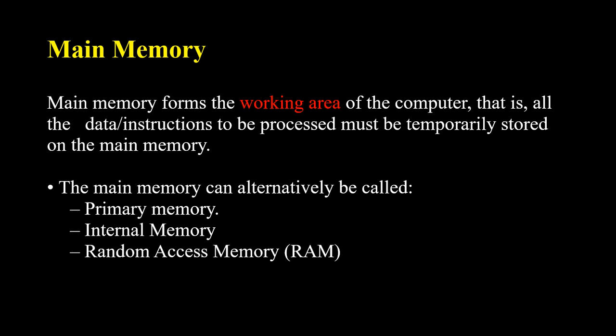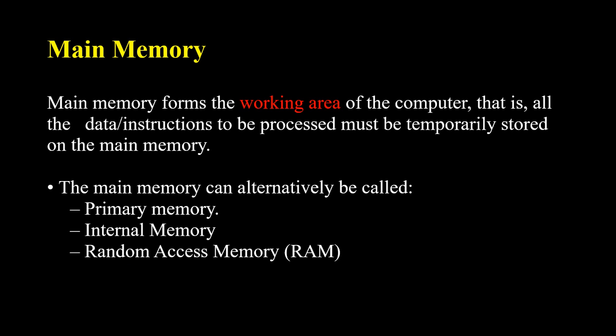But also it is called random access memory, or RAM. I think the term RAM is very common. You go to a technician and he tells you, your RAM is spoiled. So this main memory at times is referred to as random access memory. The term random is because its content can randomly be accessed.